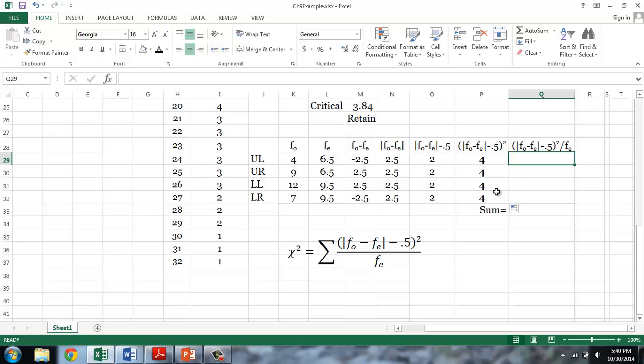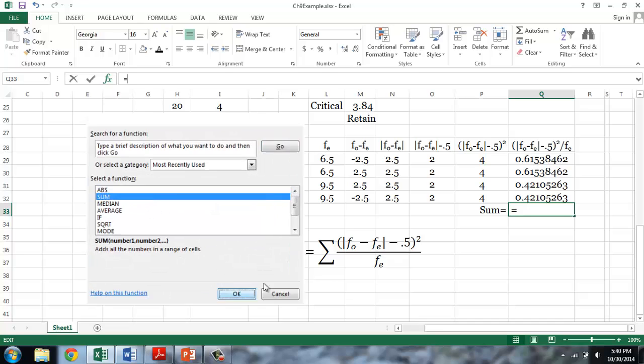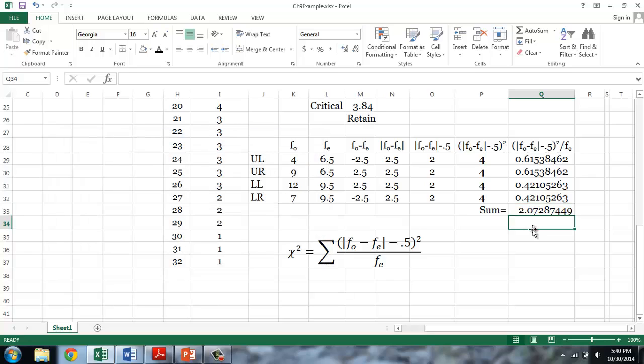So for the first row, representing the upper left cell of our crosstab, this is equal to 4 divided by 6.5. And copy that into the remaining cells. Finally, I sum those scores, which gives me a calculated chi-square of 2.07.